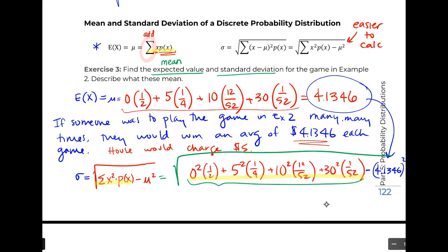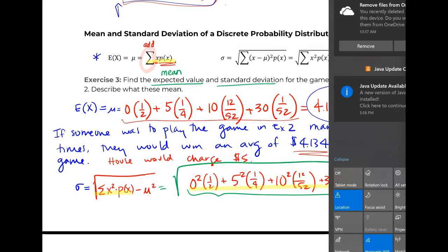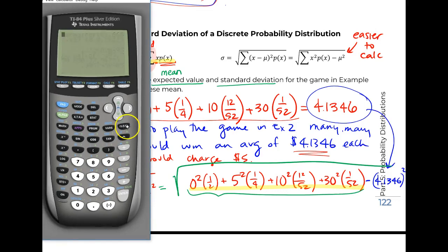So I would just do this piece first. I'll go ahead and bring up a calculator and do this by hand so you guys can see it. 0 times anything is 0, so I'm not going to bother with that. 5 squared divided by 4 plus 10 squared times 12 divided by 52.